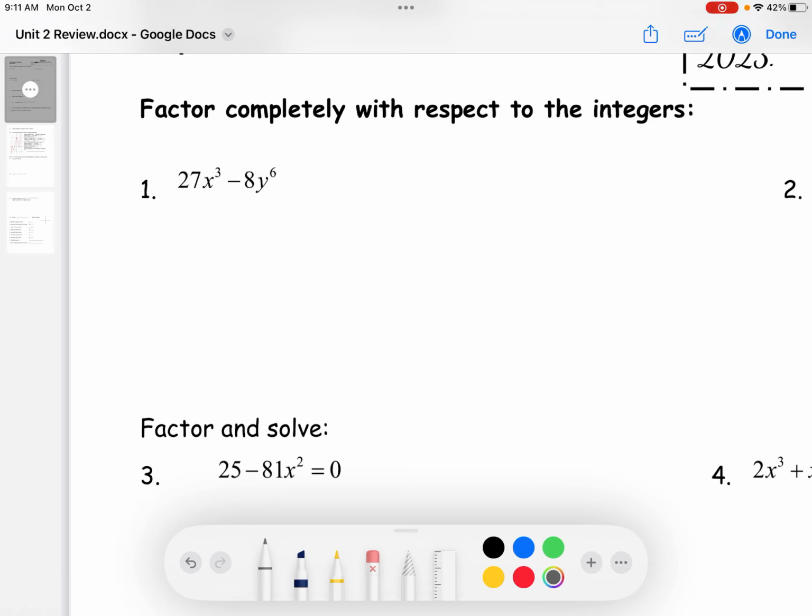The exponents of 3 and 6, the cubes of 27 and 8 tell us we have cubes. So the formula for factoring cubes, a cubed minus b cubed, factors as a minus b times a squared plus ab plus b squared. Yes, that will be given to you on the test.